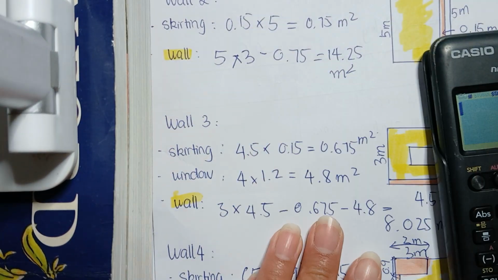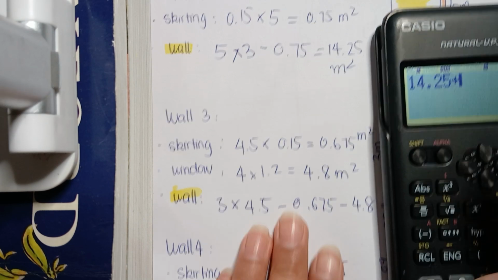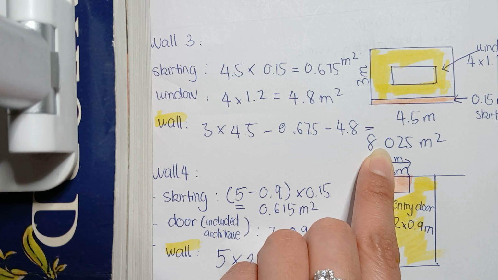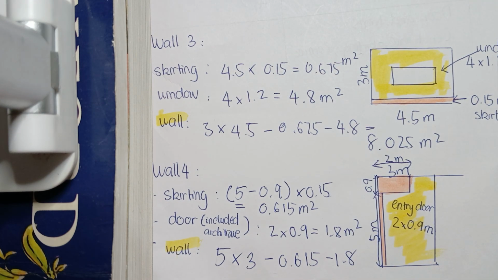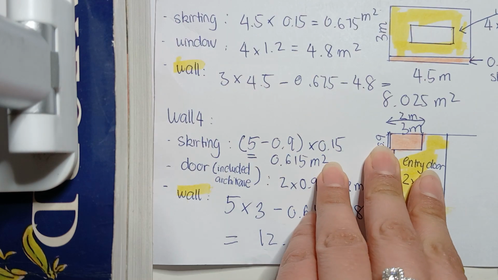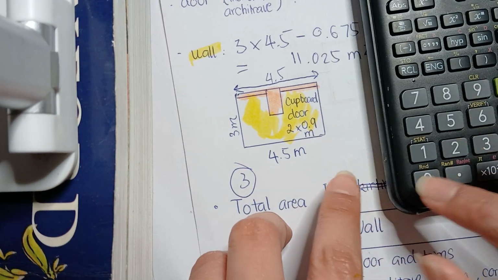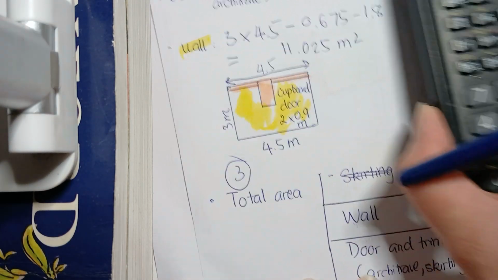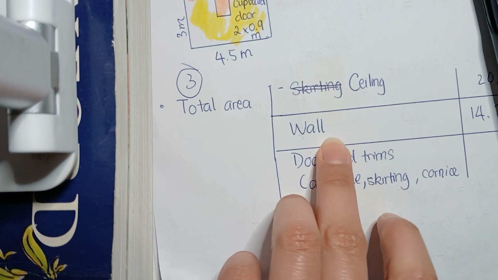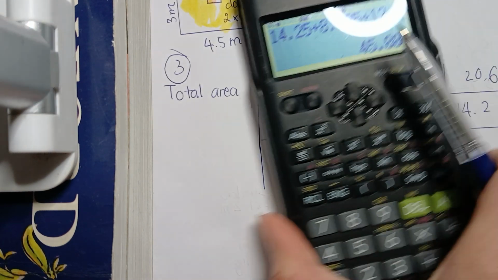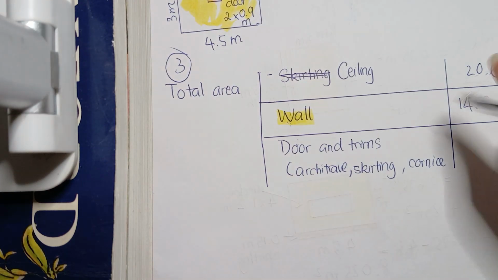Okay, it's going to be equal to 14.25 plus 8.025 plus 12.585 plus the wall here 11.025. So this one gives me the total area of the yellow part, the wall, which is 45.885.